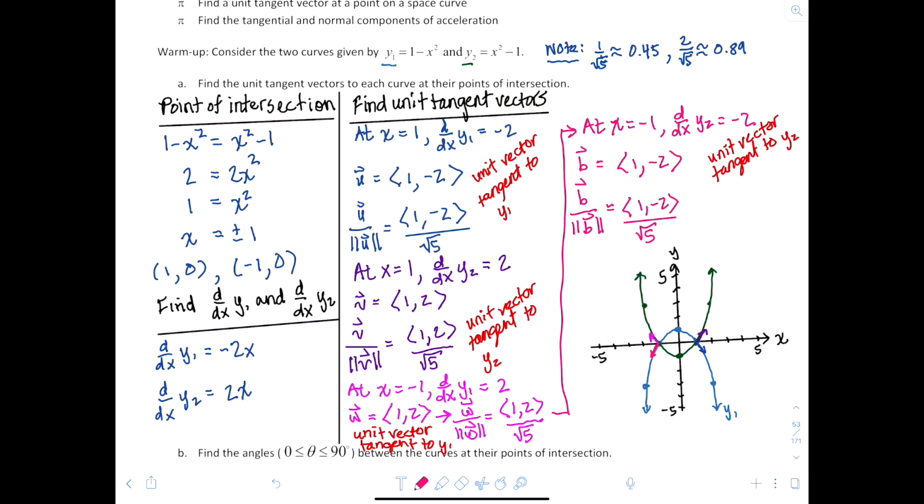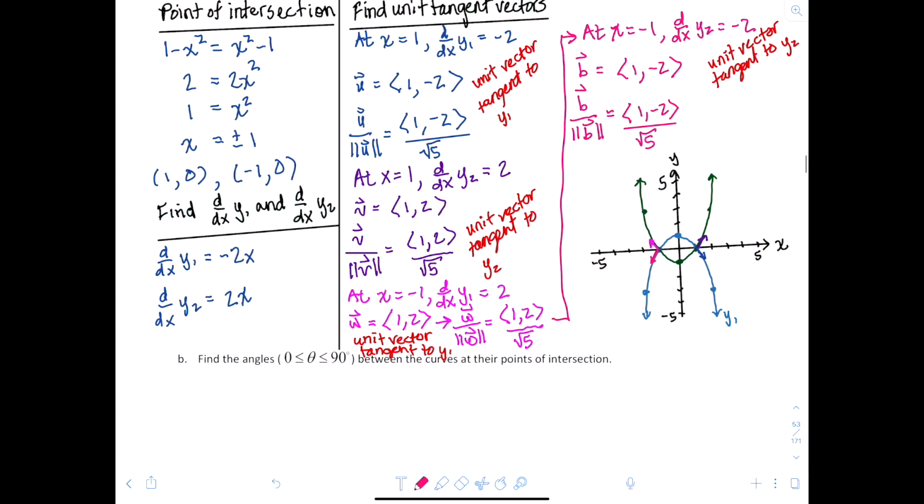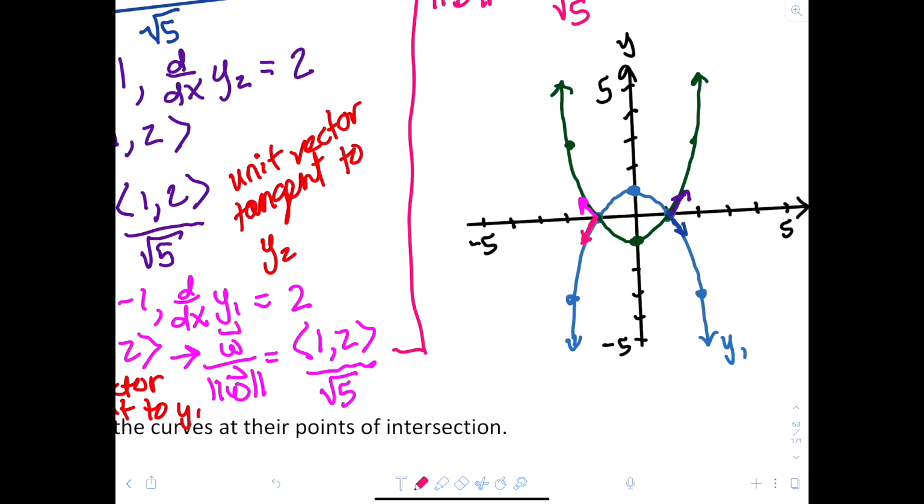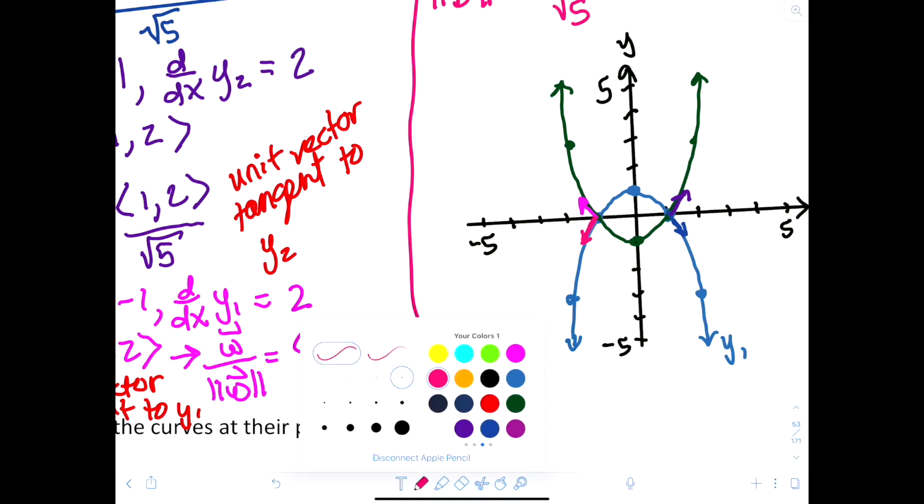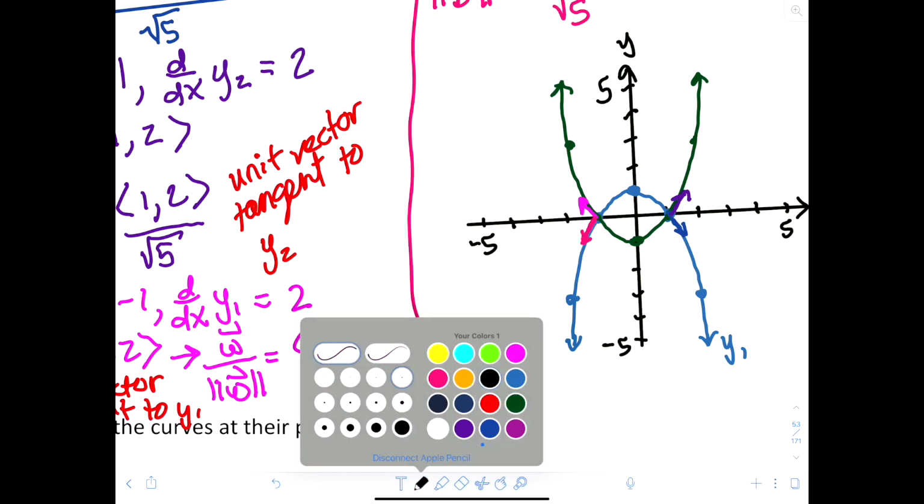All right, so now what's our next job? Our next job is to find the angles where theta's between 0 and 90 degrees inclusive between the curves at their points of intersection. So one way to look at this is, let's use black.